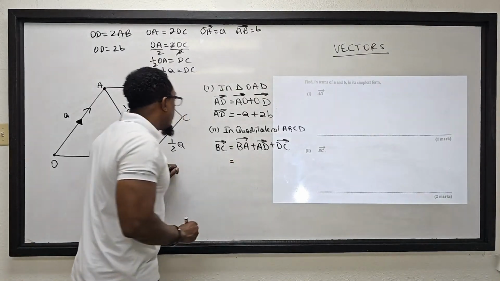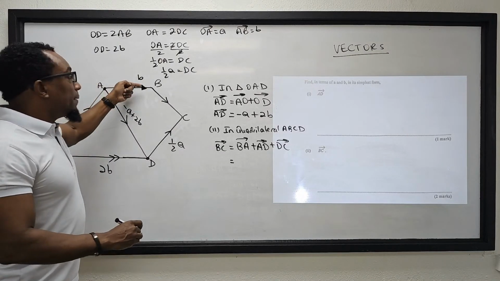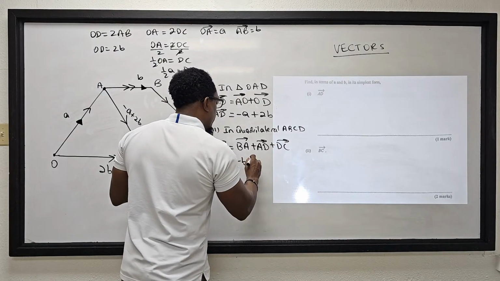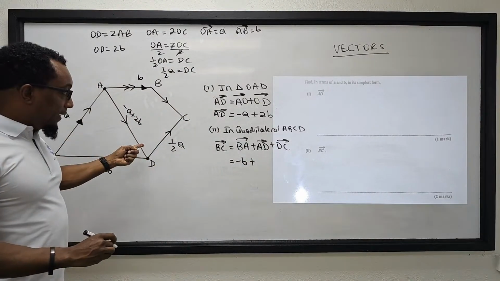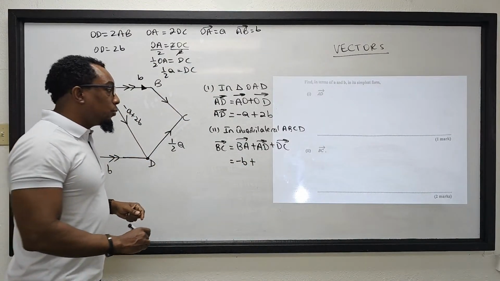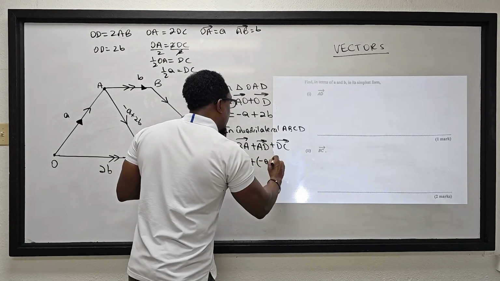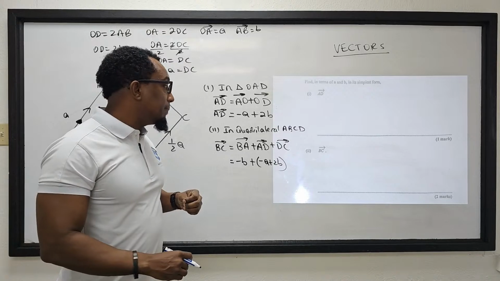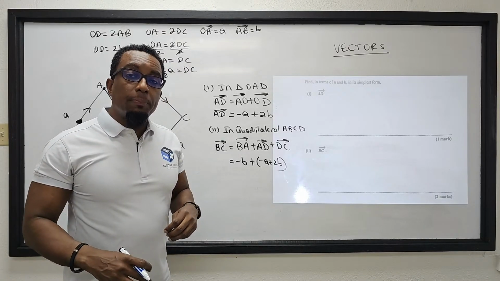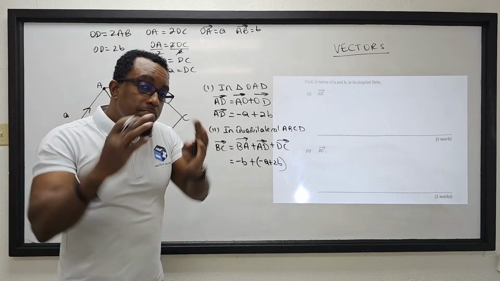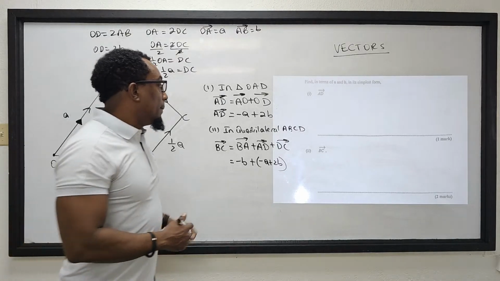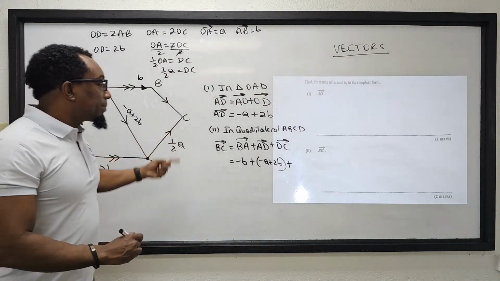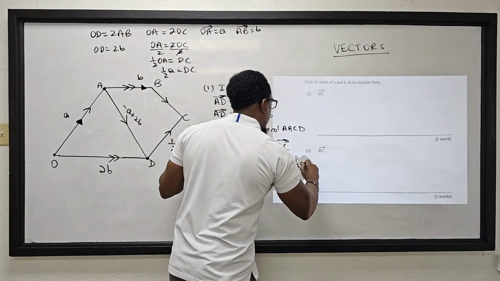BA, you have AB, so BA means you're moving in the opposite direction, that's a negative B. Plus AD is negative A plus 2B, and I'm going to put negative A plus 2B in brackets, because when you have an addition or subtraction sign, and immediately after you have an expression with two or more terms, you make sure you place that expression in brackets. Plus DC is a half A.